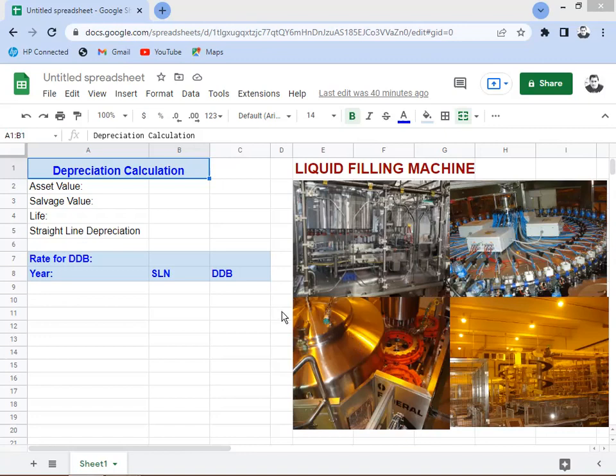Okay, so the company that purchased this kind of equipment will be planning for the depreciation cost. They'll be planning for the actual operating or useful life of the machine. When is the company going to operate the machine?